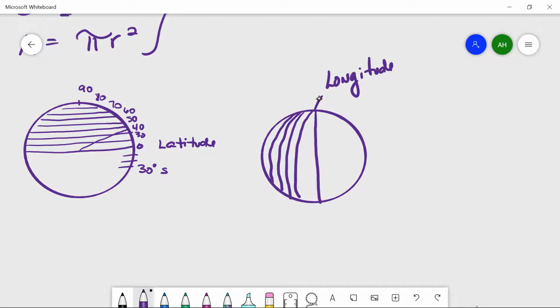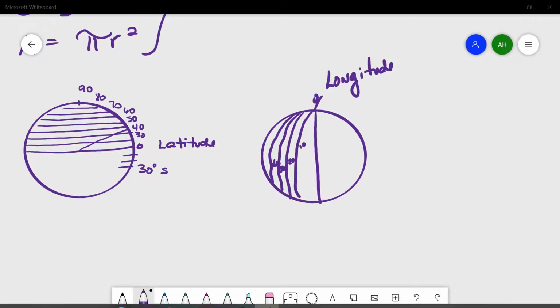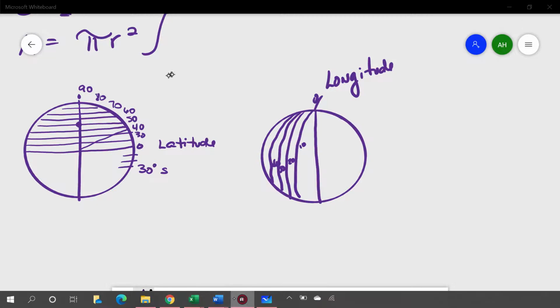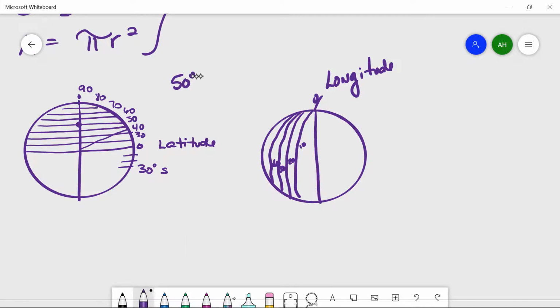This one that goes through England right here is 0 degrees, and then we would have 10, 20, 30, 40. So as we're looking at this, say you're at 0 and you're up here at about 50. If I was 50 degrees north, and let's put this over here, right there, you could be 10 degrees west.